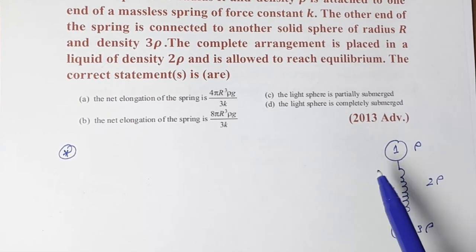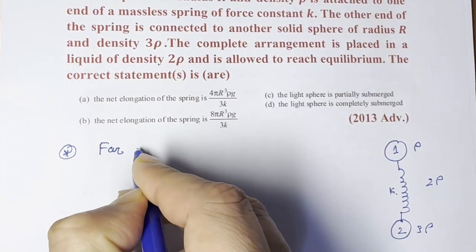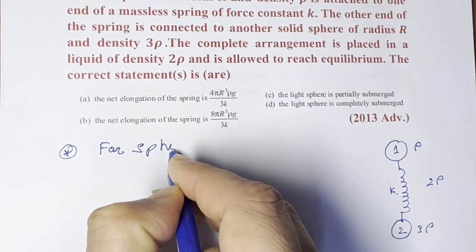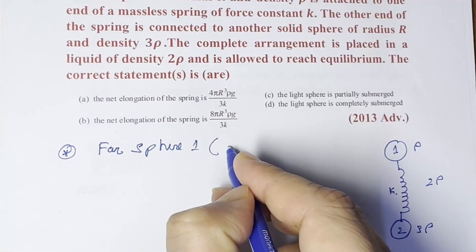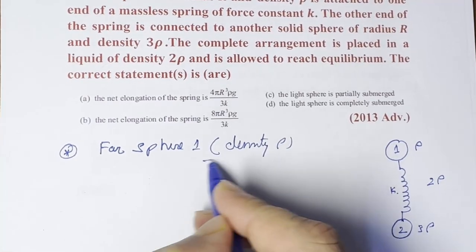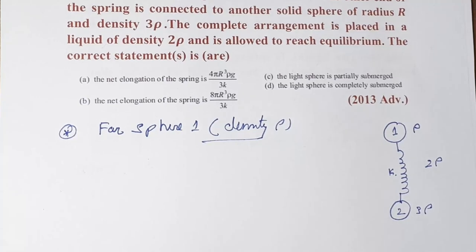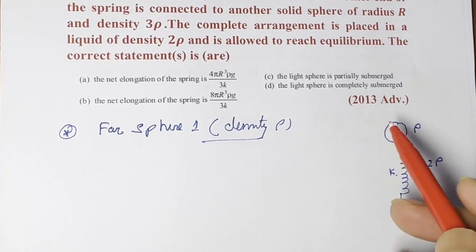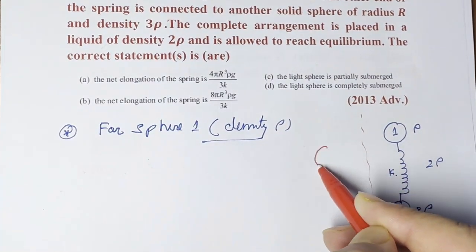So let us start with sphere 1, which has a density of rho. We can draw a separate figure for sphere 1 also.